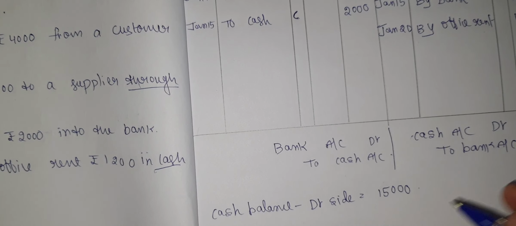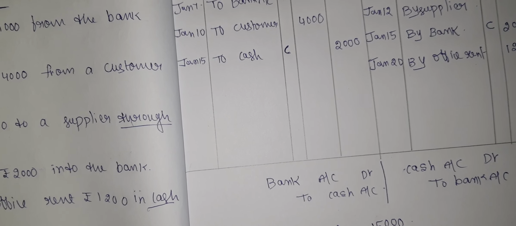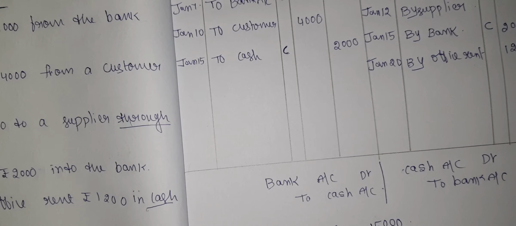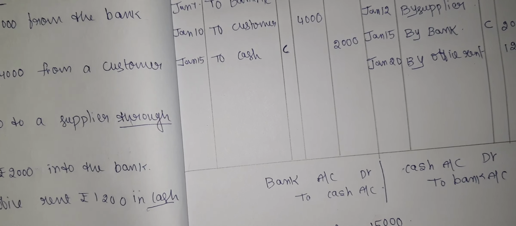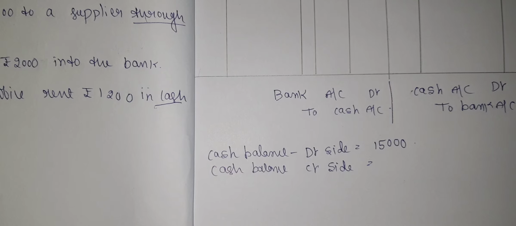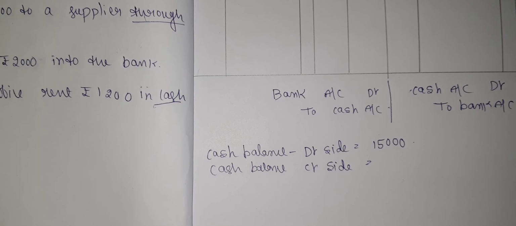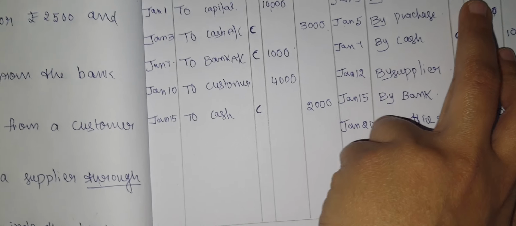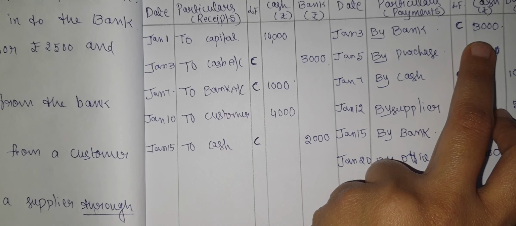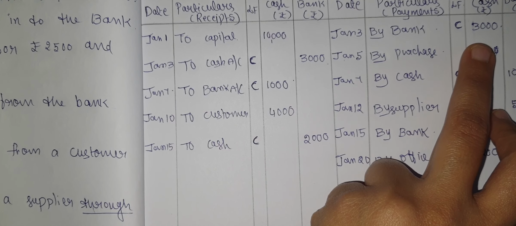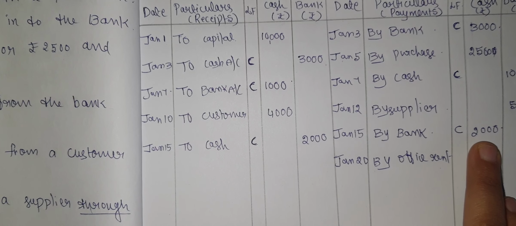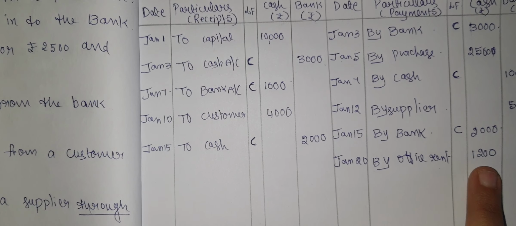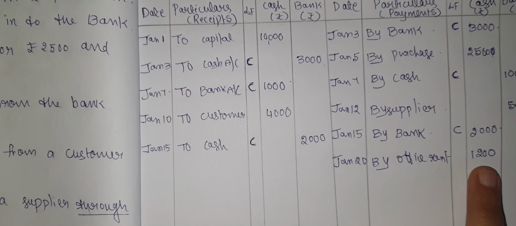And cash balance credit side is, see here, 3,000 plus 2,500 plus 2,000 plus 1,200.